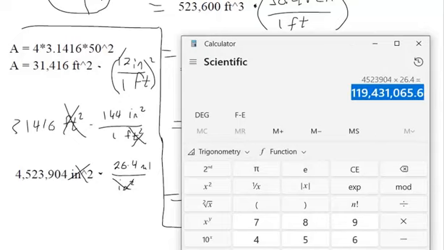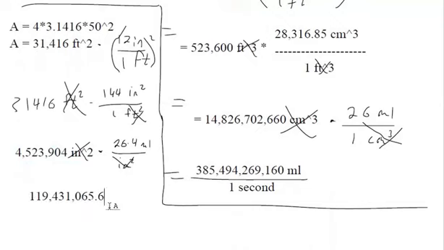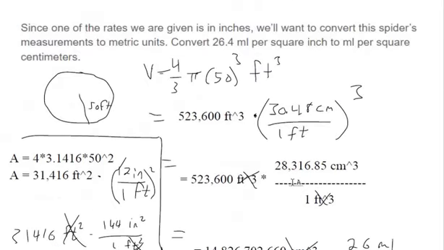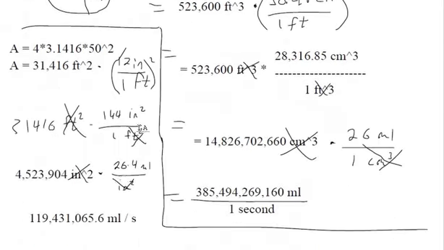So it can absorb this many milliliters per second. So it can absorb around 119 million milliliters per second, but it needs 385 billion milliliters per second because of its volume. So this spider could not exist. Its needs outweigh the absorption capacity of its exoskeleton by a lot.